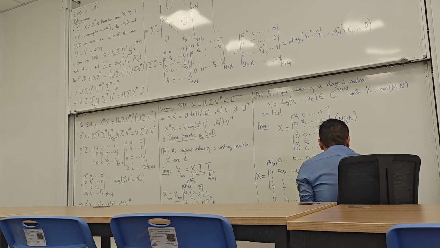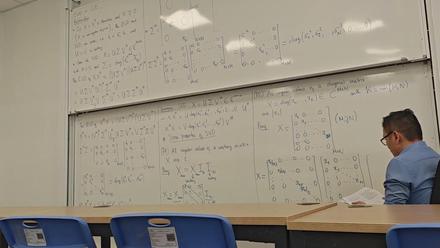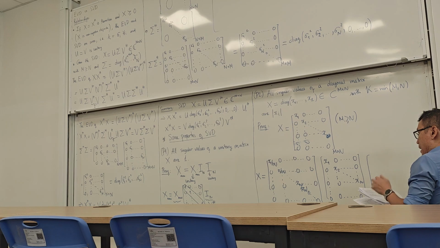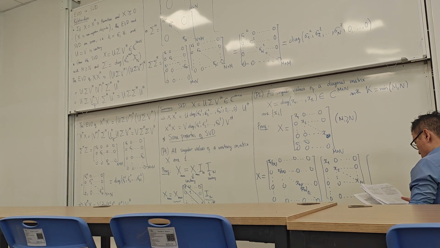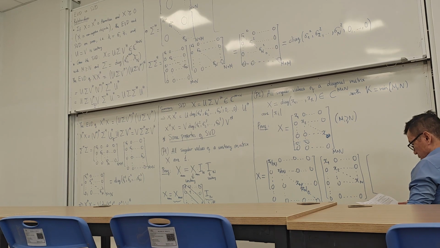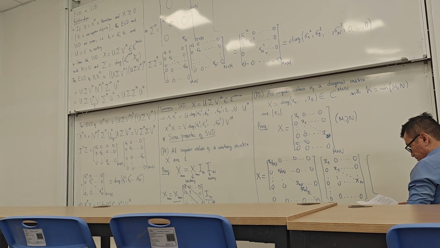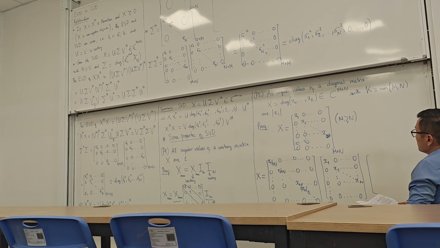And then I multiply with the last matrix. I have to be very careful. The identity matrix, I think. No, m by n.